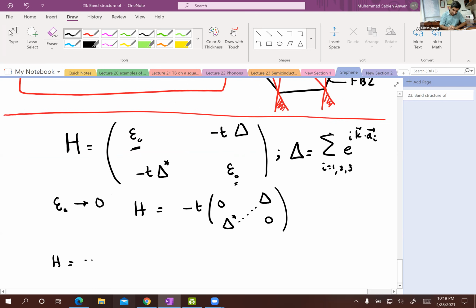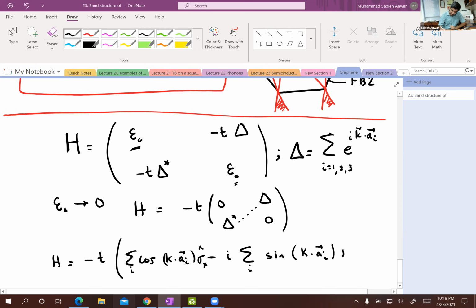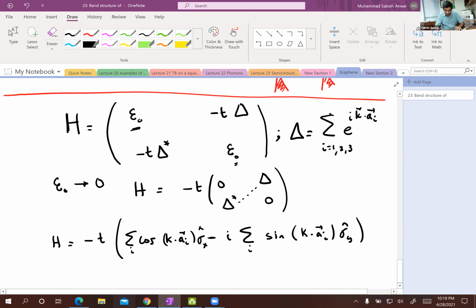So this will become minus 2, and then cosine of K, and since I have minus i, sigma x Pauli operator, sigma y Pauli operator. So the Hamiltonian can always be expressed in this fashion as well.